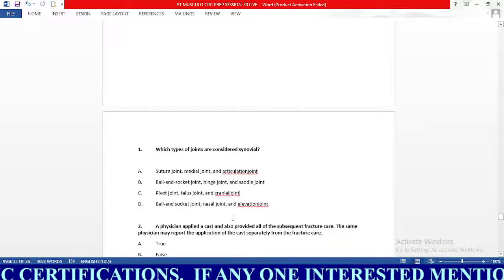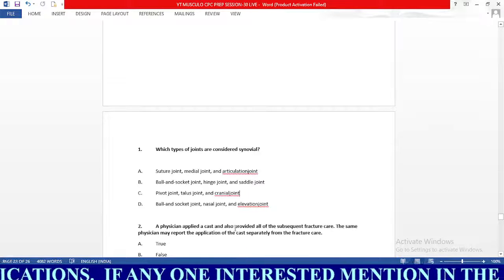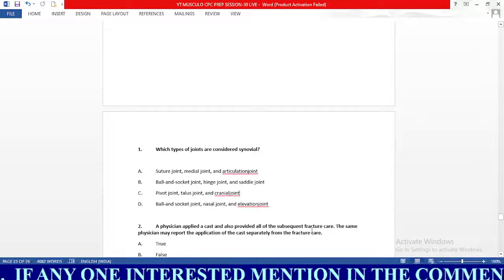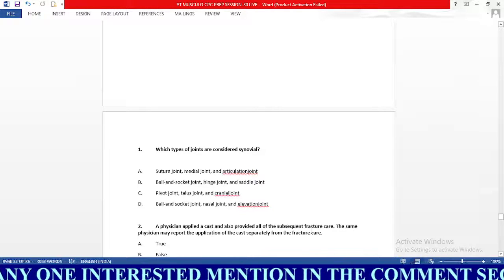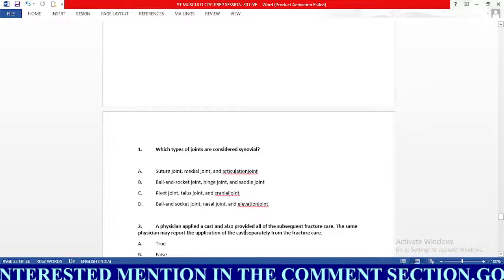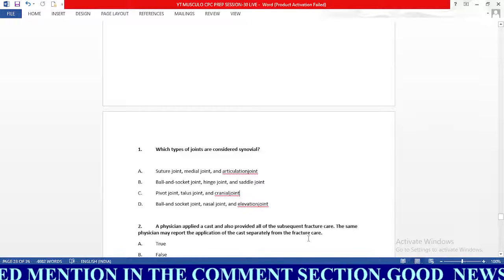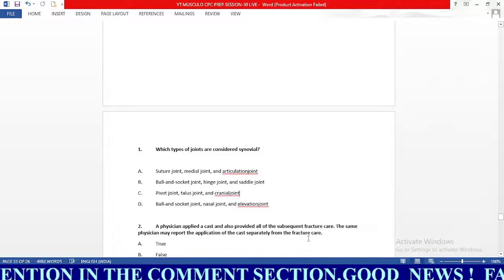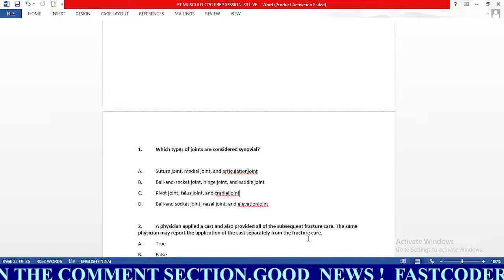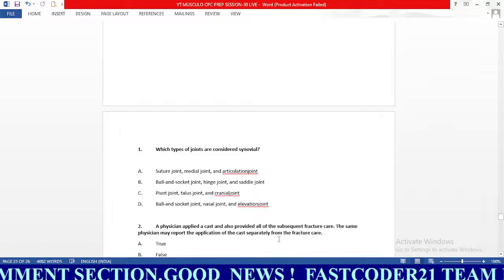So here our answer is: a physician applied a cast and also provided all of the subsequent fracture care. The same physician may report the application of the cast separately from the fracture care. Basically, based on CPT guidelines, casting is included in the fracture care.